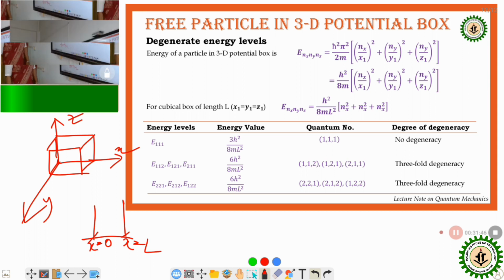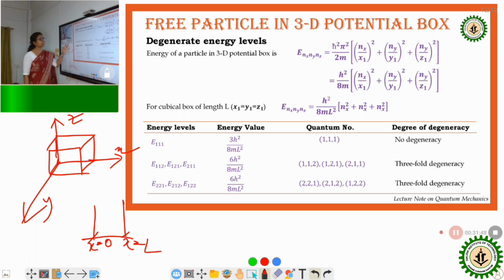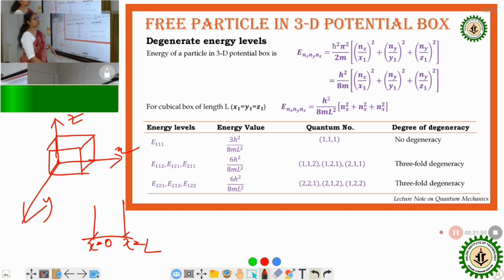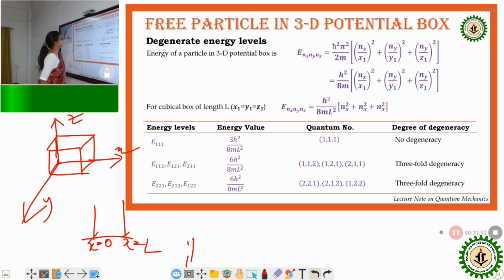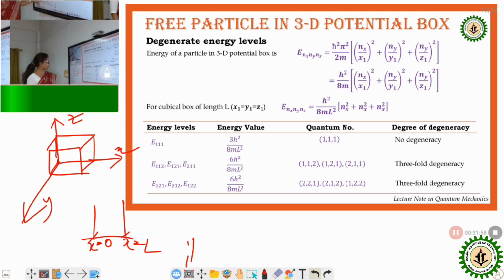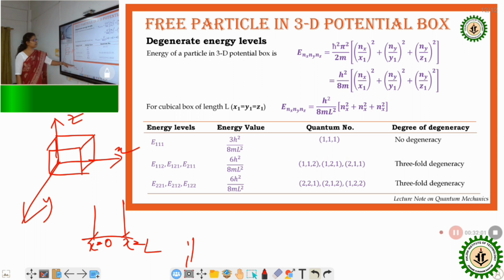Okay, now we are taking the x, y, and z coordinate system. That is why it is called the three-dimensional box.